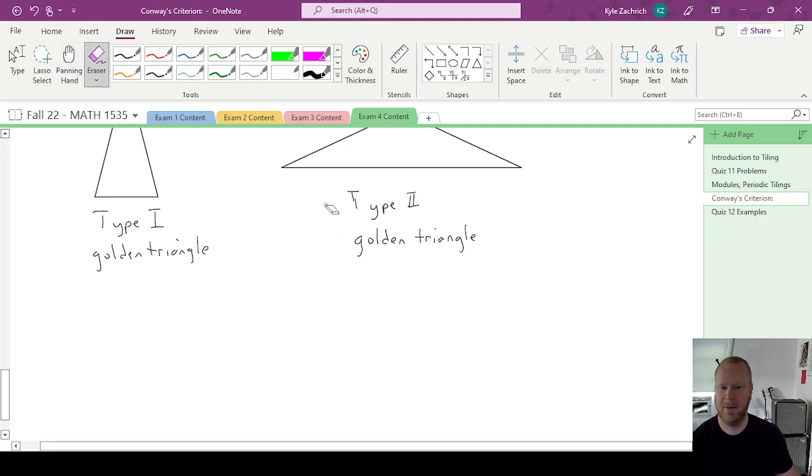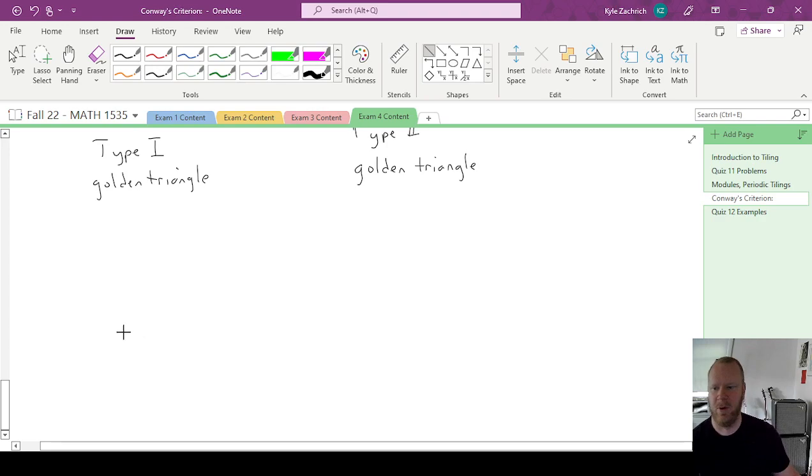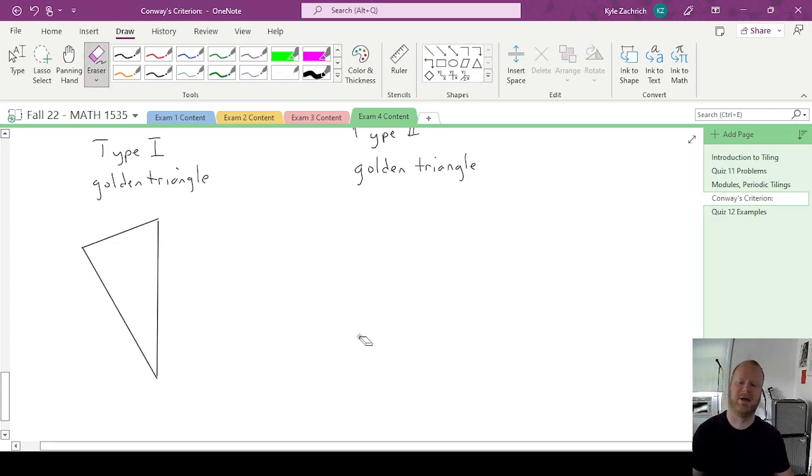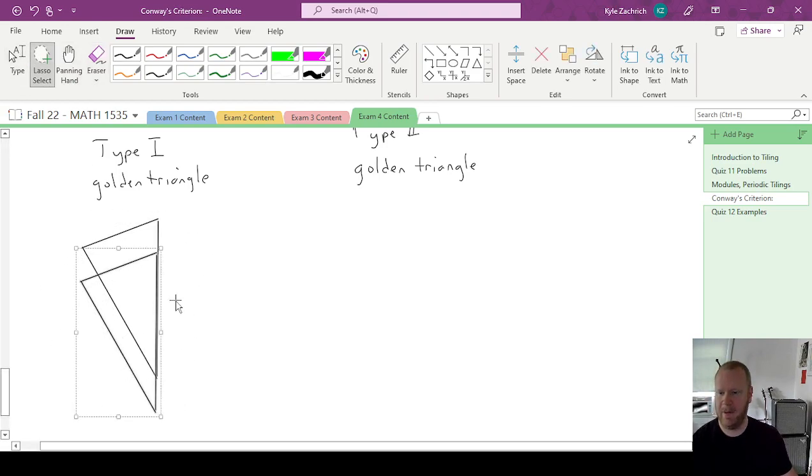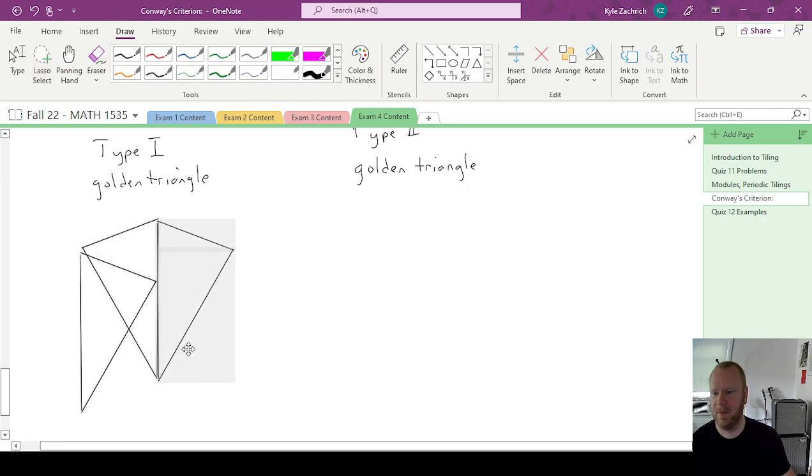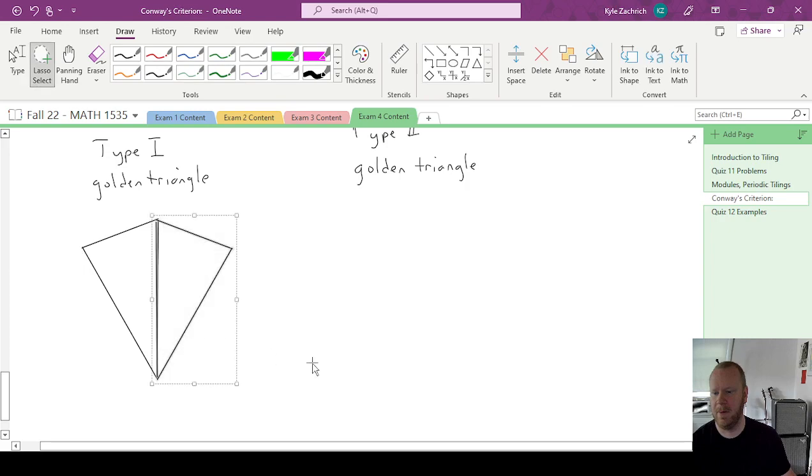Underneath this type 1 golden triangle, there's a type 1 golden triangle, and I copy and paste that, and then flip it, like this.